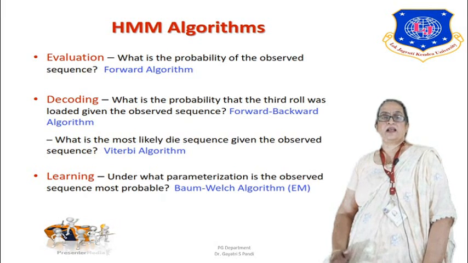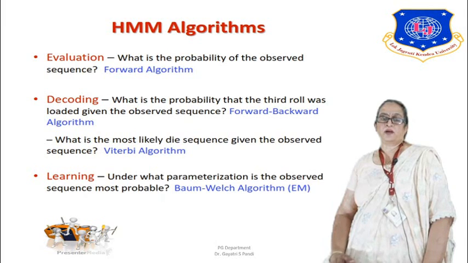And what is the most likely die sequence given the observed sequence? This is the Viterbi algorithm to be used here. And for learning, it is: under what parameterization is the observed sequence most probable? So here learning algorithms could be used, and one of them is the Baum-Welch algorithm, which is very popular.